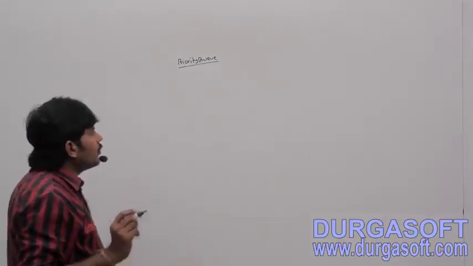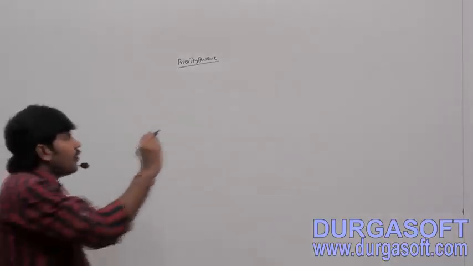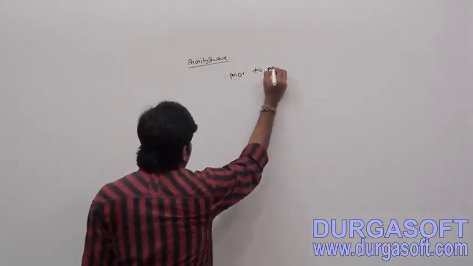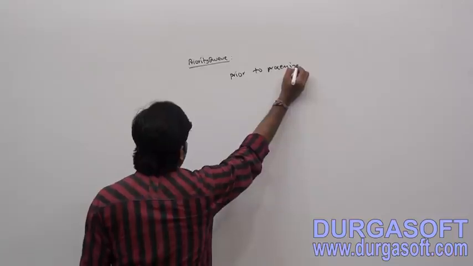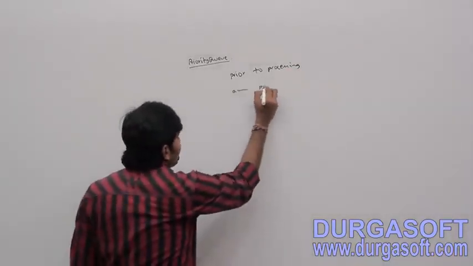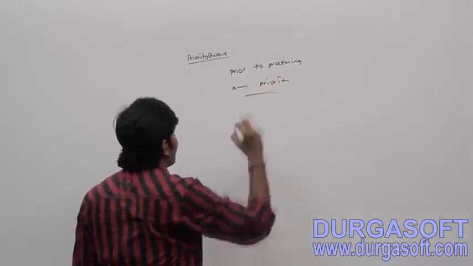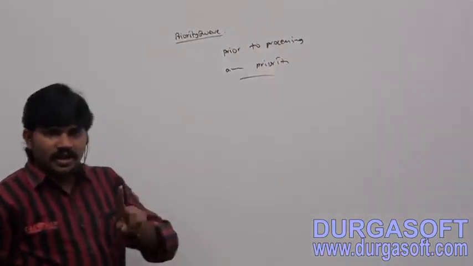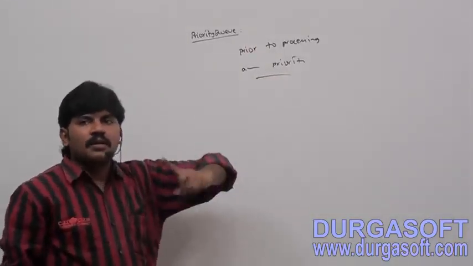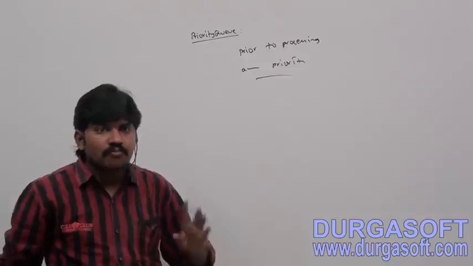So if you want to represent a group of individual objects prior to processing according to some priority, are you getting? Then we should go for PriorityQueue. It is a queue only, but the only specialty is that all the elements will be inserted according to some priority, right?